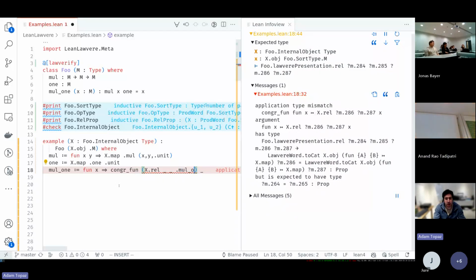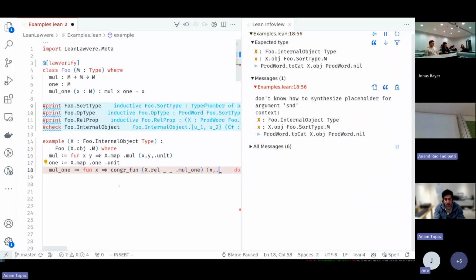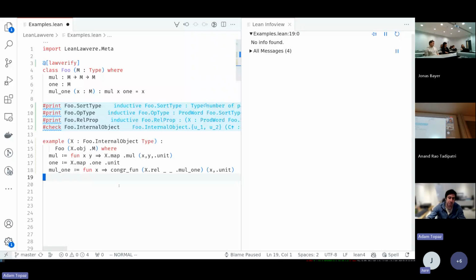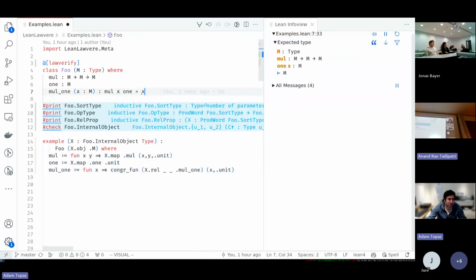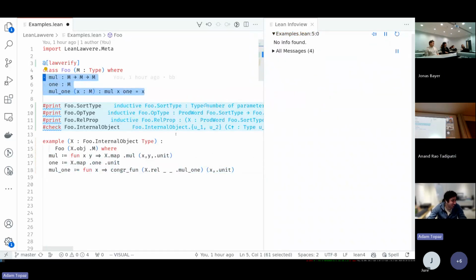What's it called? Mul 1 x unit. Okay. So as you can see, quite directly, this almost looks identical to the actual definition because the names have been chosen in such a way and the objects behave very nicely definitionally.